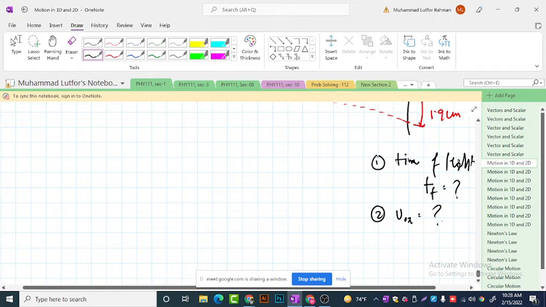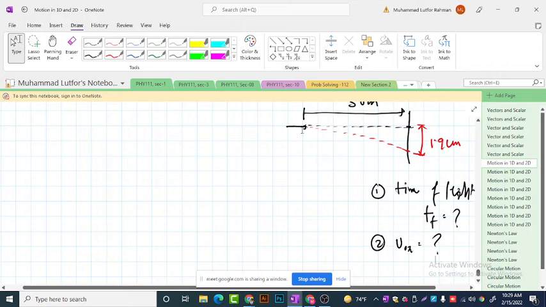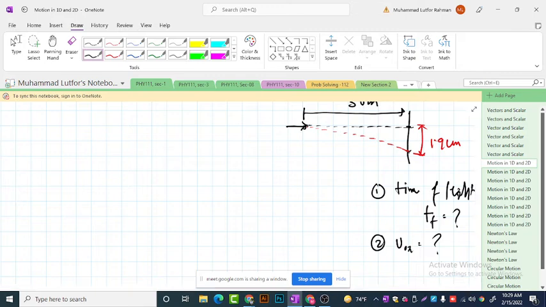That means at what velocity it was thrown by you, and what is the time of flight? Time of flight means how much time it was in flying mode, so from the start point until it strikes that point. That was the time of flight for this dart, because in that time it was in flying mode.